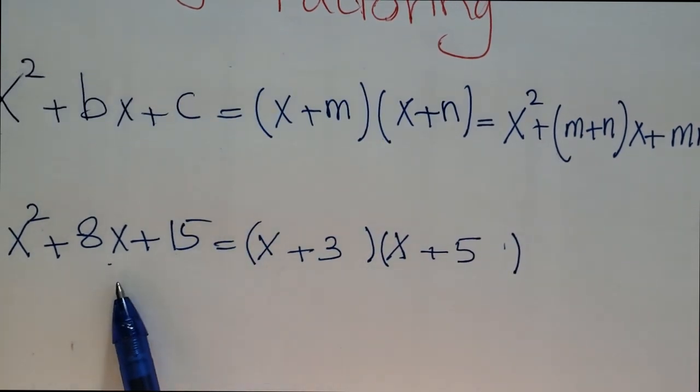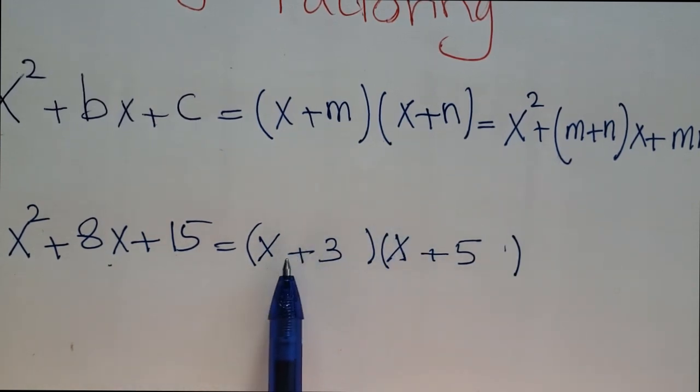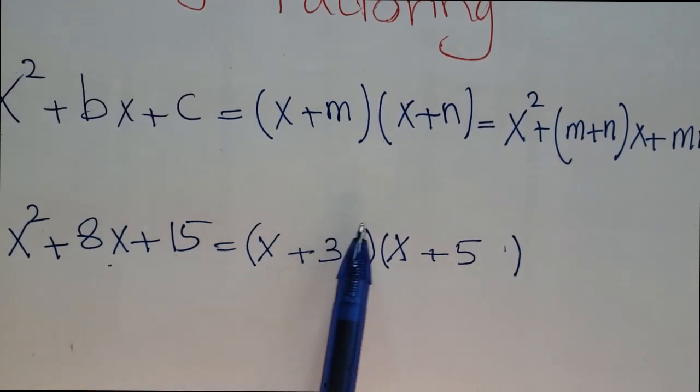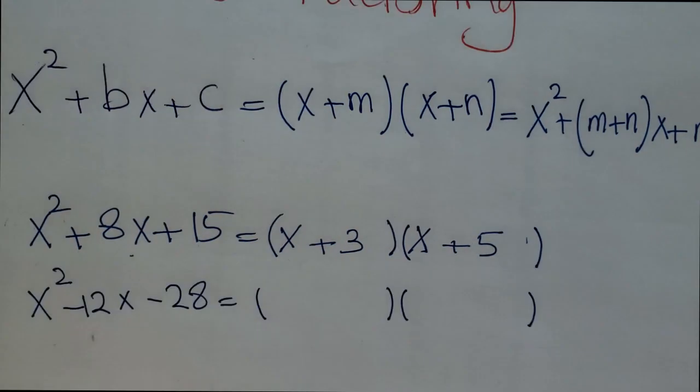So that's a good example. X to the power 2 plus 8x plus 15, you can change it into the product of two binomials, with 3 and 5. Add them together, you get 8. The same two numbers, if you multiply them, you get 15.